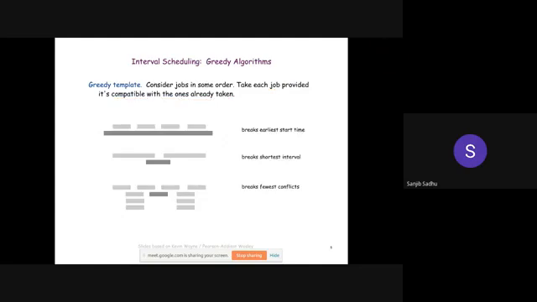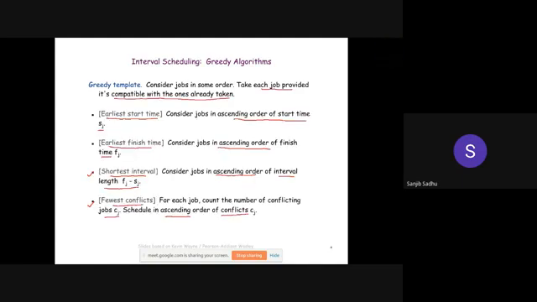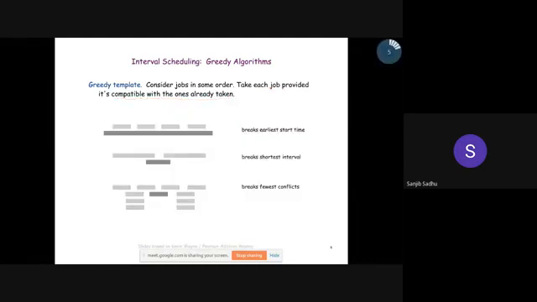For example, what was the first one? Earliest start time. Check. I will consider the jobs in ascending order of start time. See, in this case, say there are 5 jobs.